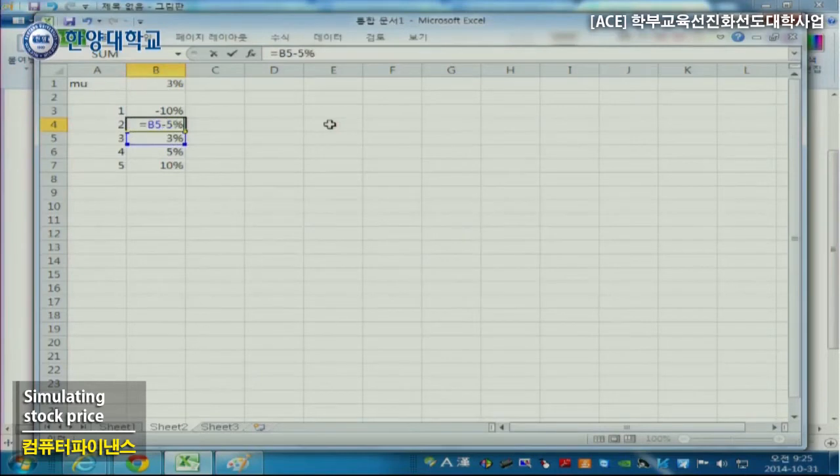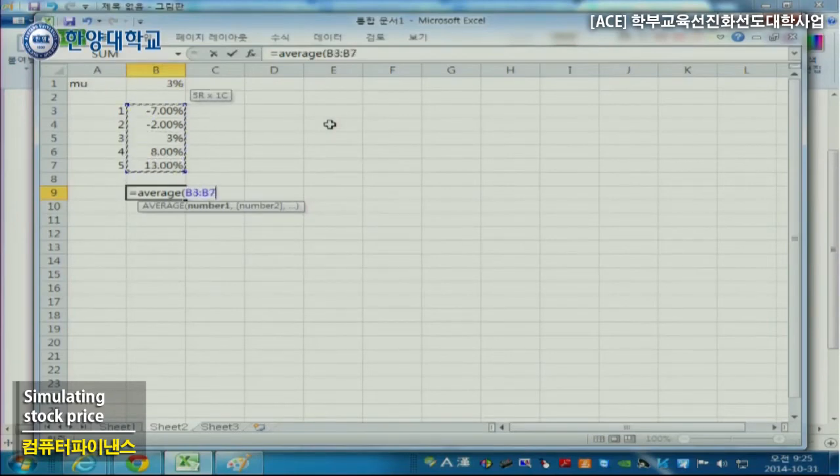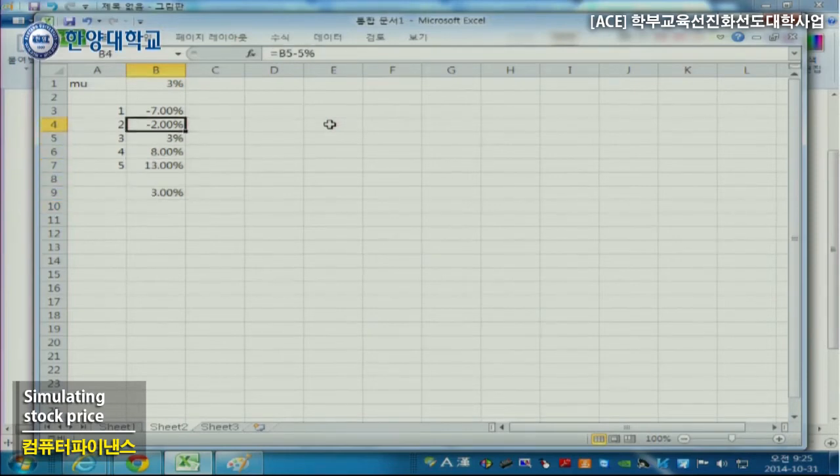Let's use 3%, minus 5%, minus 10%, plus 5%, and plus 10%. Then of course the average return is 3%, right? It should be 3%. So this is stock 1.